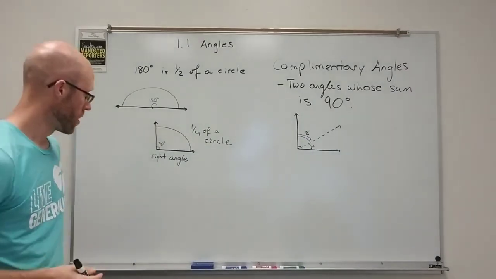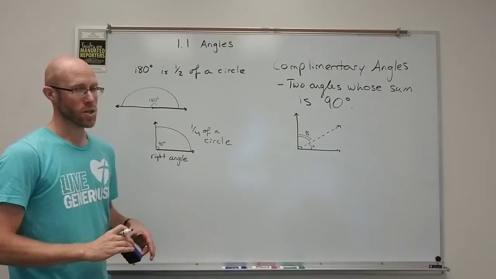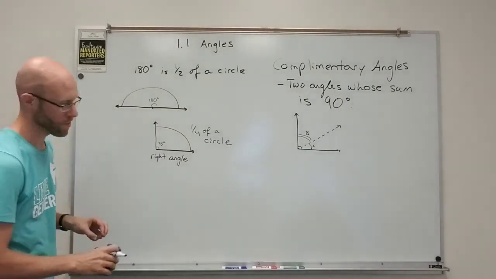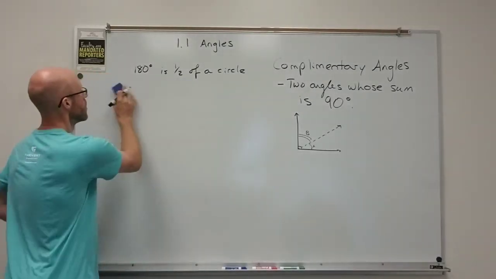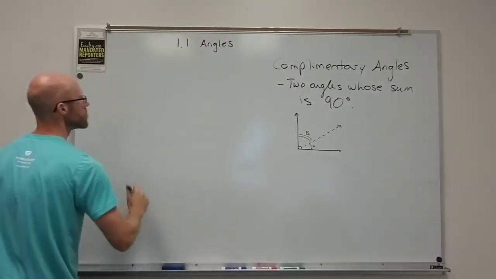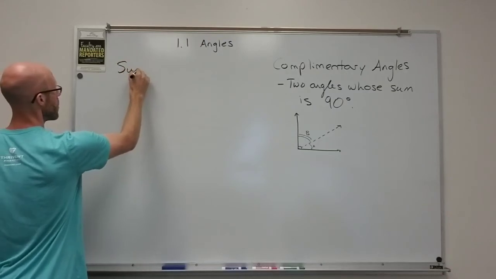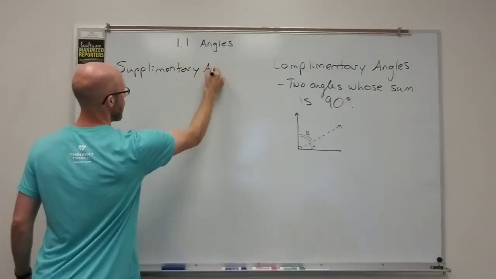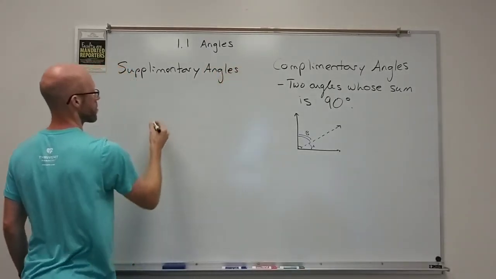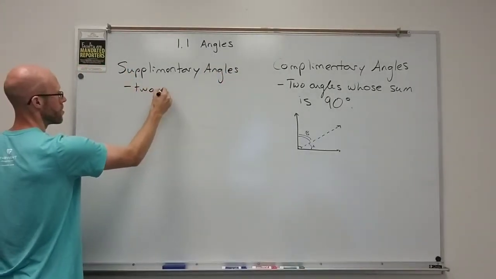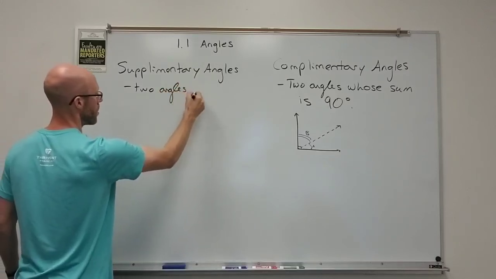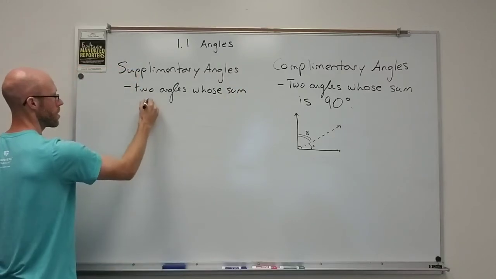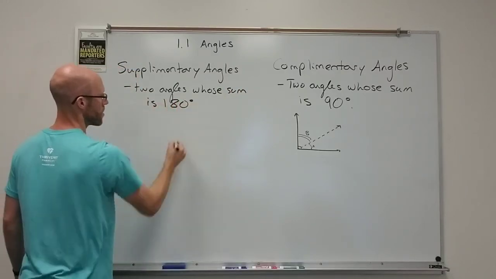On the other hand, if you had two angles that added up to 180 degrees, we call those supplementary angles. So supplementary angles are two angles whose sum is 180 degrees.